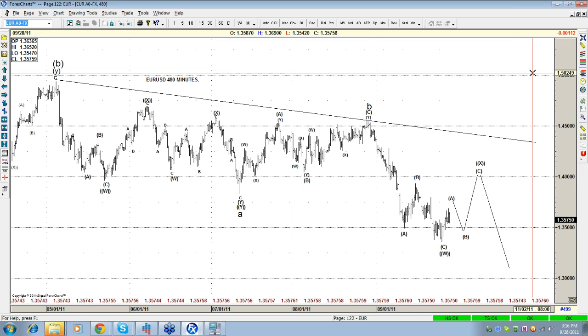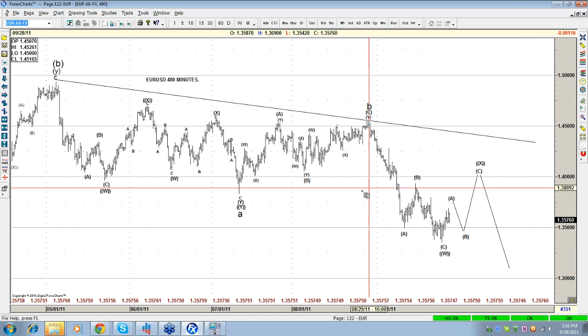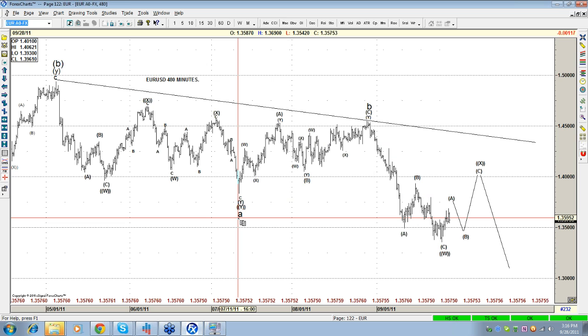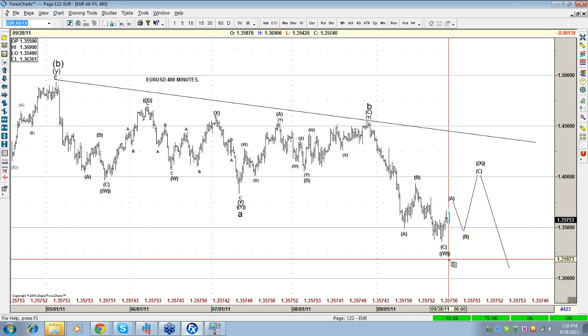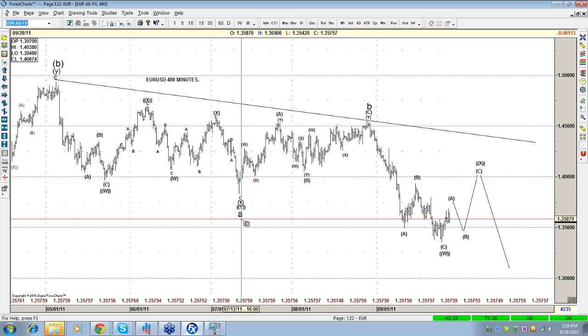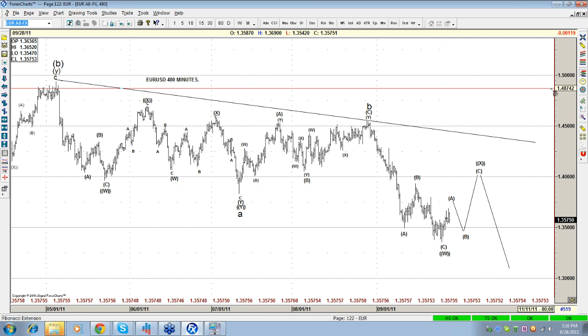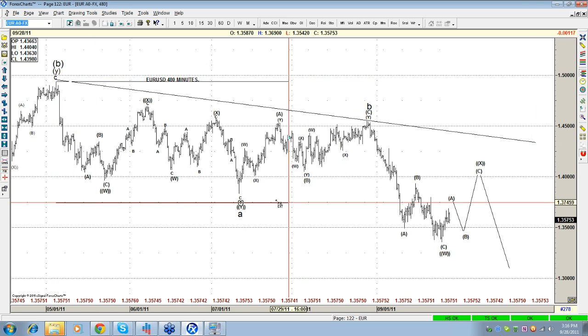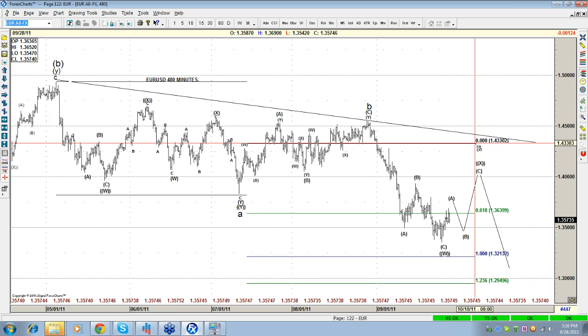But between you and me, guys, there is nothing wrong with this being A, B, and this being Z. Nothing wrong. And this being A, B, and Z. If the euro retreats right there, look, I would say that makes even more sense.